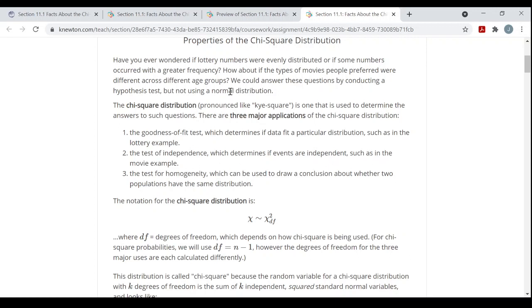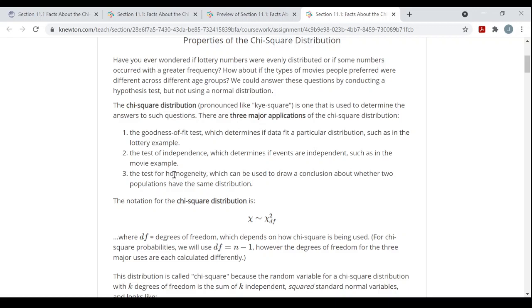Such as in the movie example: is the type of movie people prefer independent of what age group they're in? Are those two independent variables, or are they related in some way? Are they dependent? So we're going to run a test for independence, and in that test this chi-square distribution will come up.